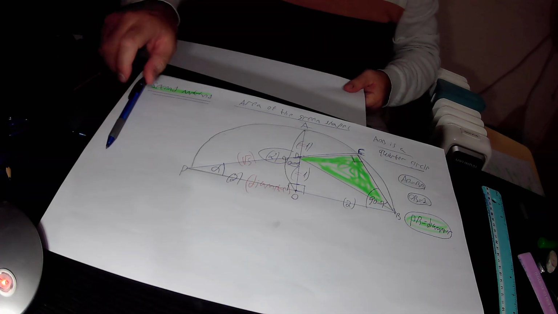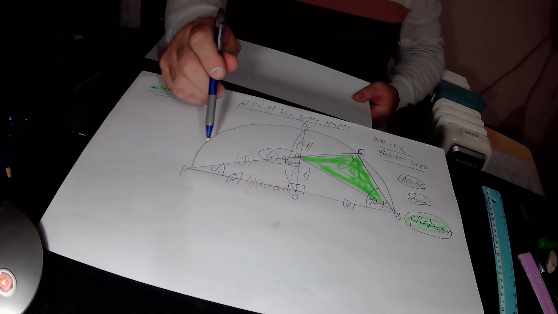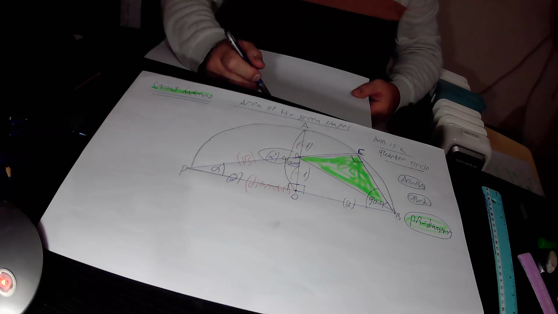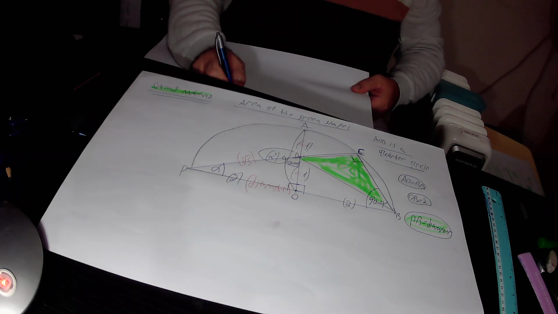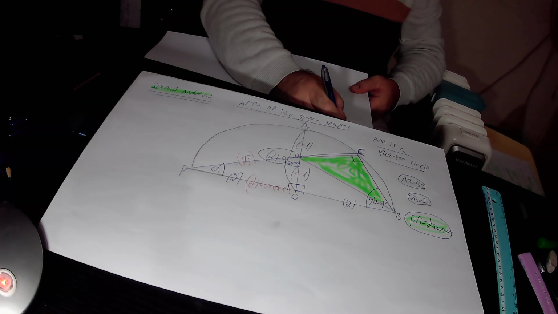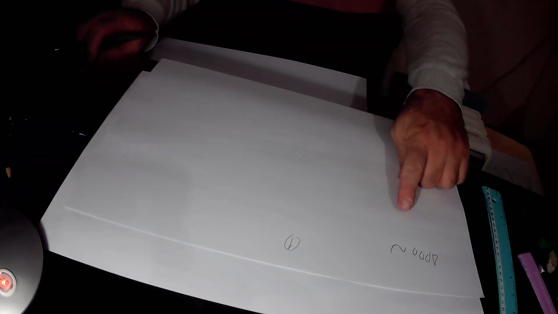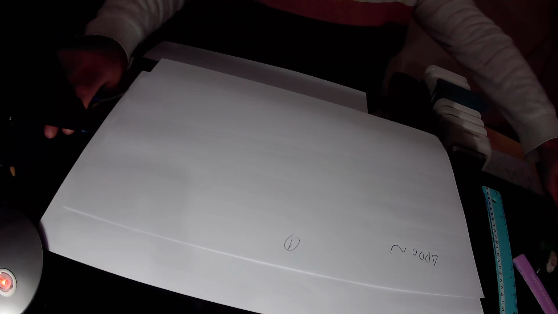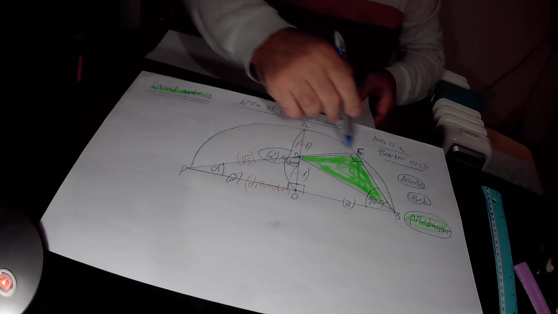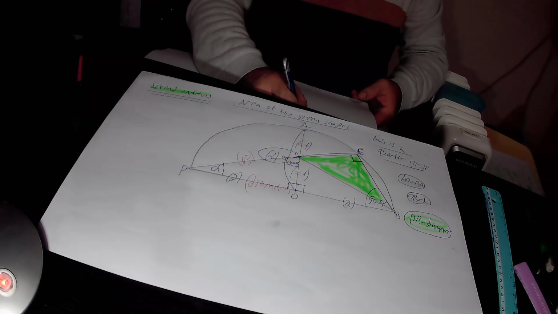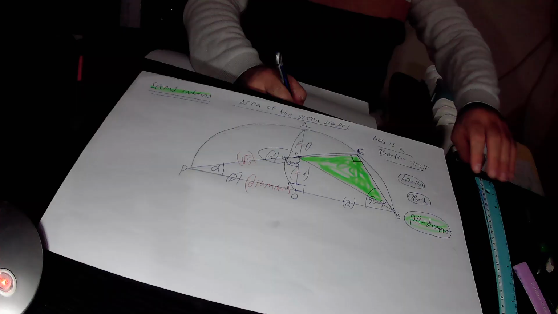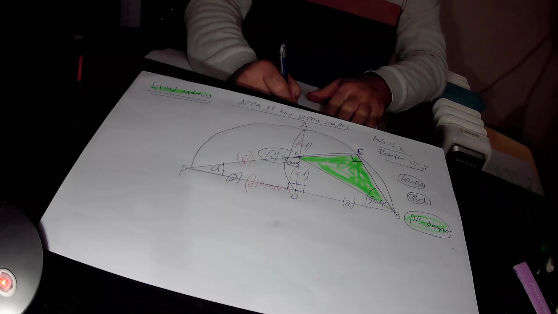So write it down: this is the small right triangle PDO is similar, this is the sign of similar, to the big right triangle PCB according to the angle similarity rule.